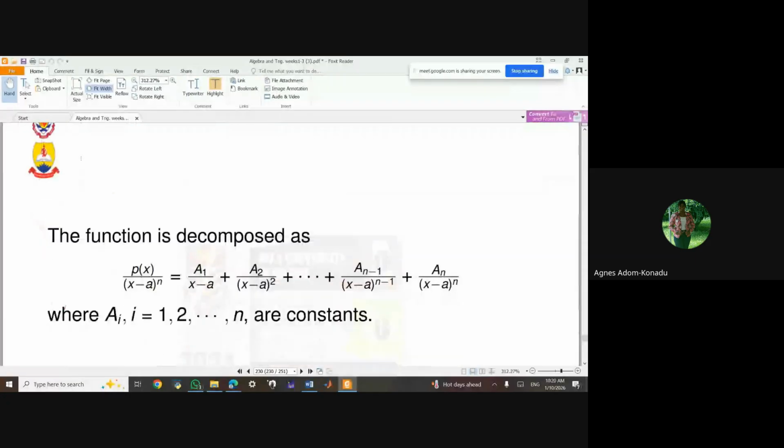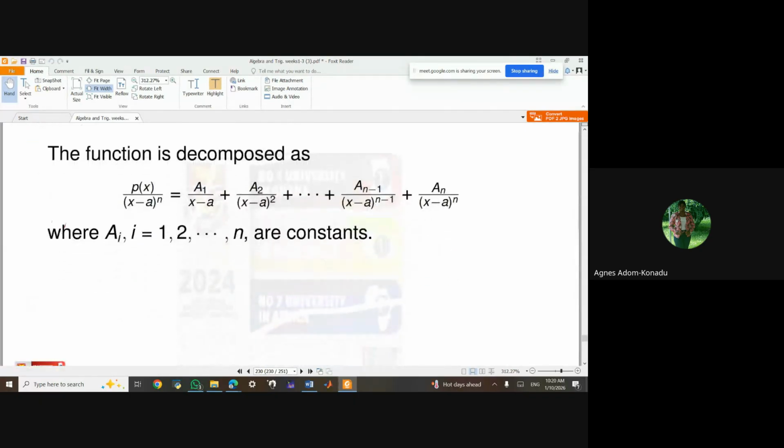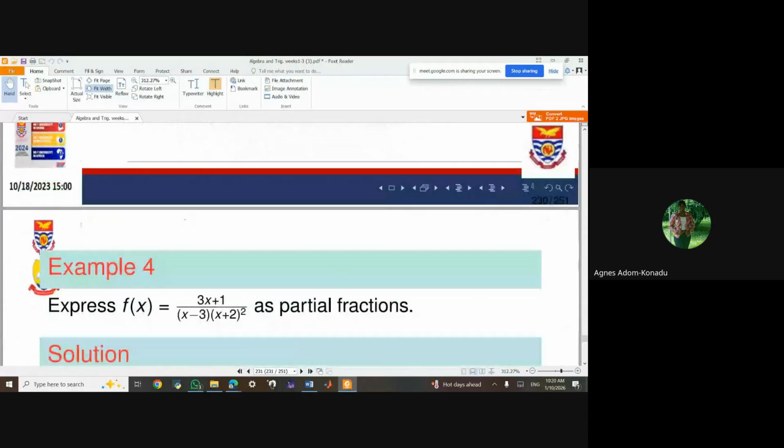If it's like that, then when I decompose it, I have P of x over x minus a to the power n equal to a1 over x minus a plus a2 over x minus a to the power 2, up to an over x minus a to the power n, where the a_i's are constants.